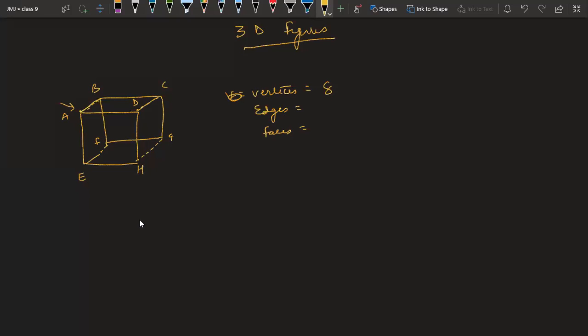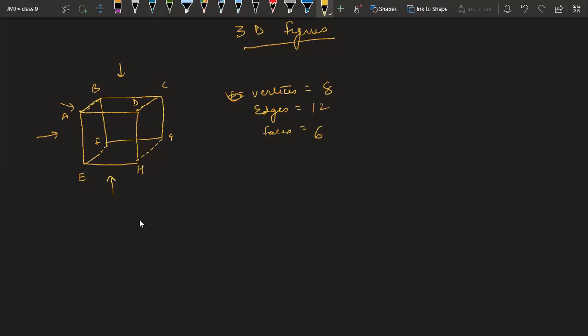There are 8 vertices, and there are 6 faces. One face in the front, one in the back, then 2 left and right, and 2 top and bottom. Edges are 12. Yes, there are 12 edges. 4 edges top, 4 edges bottom, and 4 edges are on the side. So there are 12 edges.